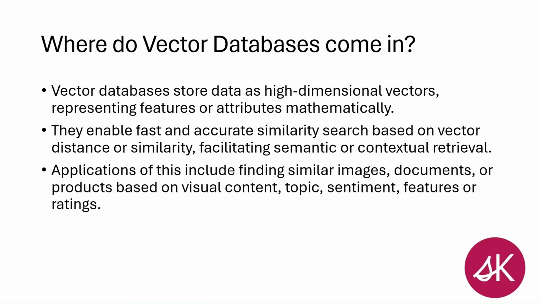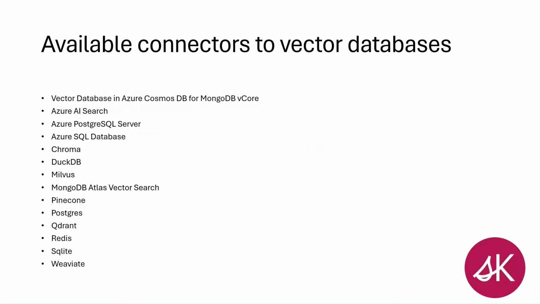For example, we can use vector databases to find images that are similar to a given image based on their visual content and style. We can find similar documents to a given document based on their topic and sentiment, or we could find similar products to a given product based on their features and ratings.